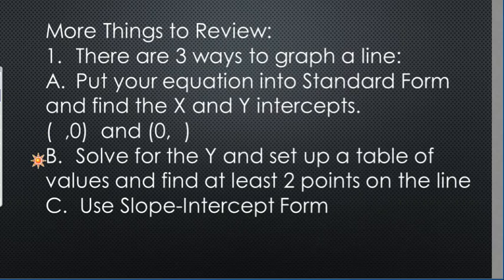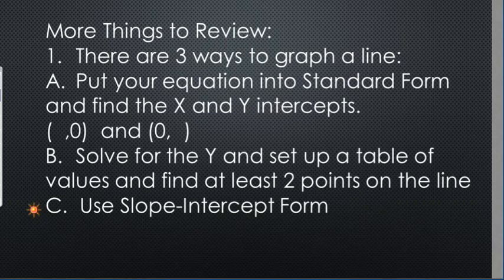Another way that you learned to graph a line was to solve for the y and set up a table of values and find at least 2 points on the line. And then the third way that you learned to graph a line was by using slope-intercept form.